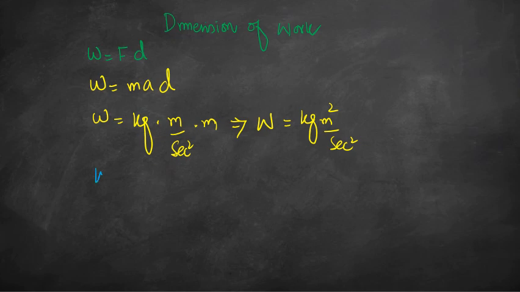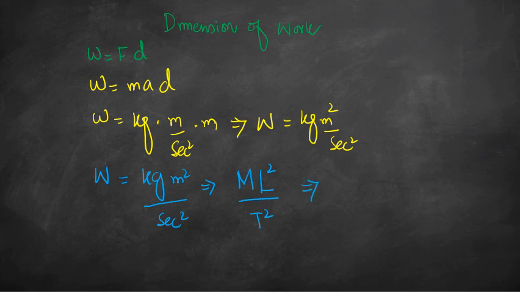Then for the dimension of work: kilogram is a representation of mass, so its dimension is capital M. Meter square is a representation of length, so it will be L square. The second square is a representation of time, so it will be T square.